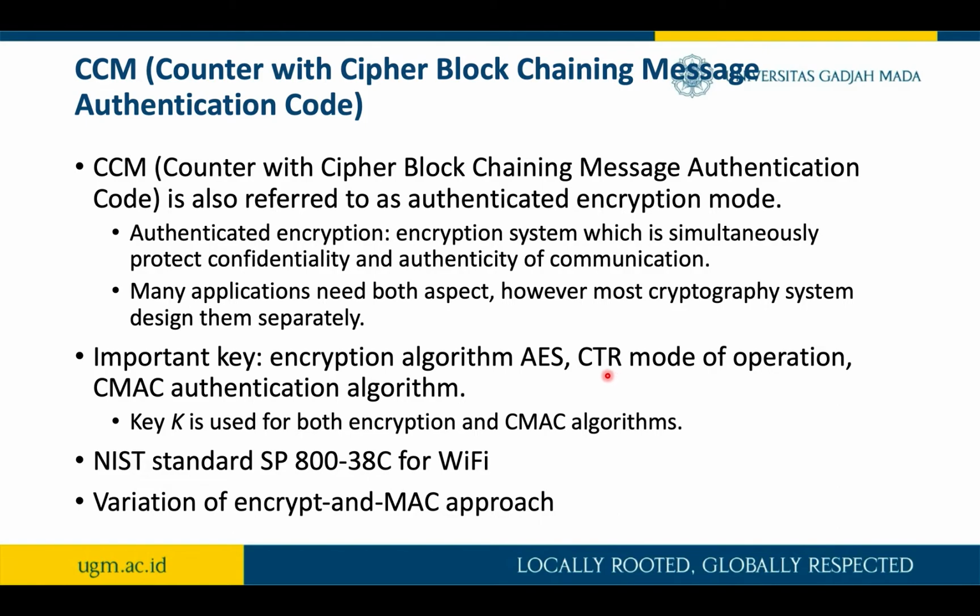Then we also make use of the counter mode of operation, and we also use the CMAC authentication algorithm, which we already discussed previously. And then there is one key here, K. It is used for both encryption and authentication using CMAC.